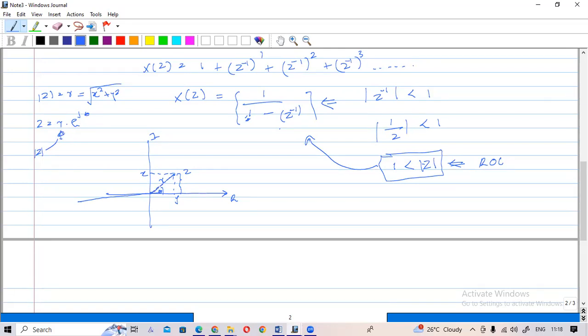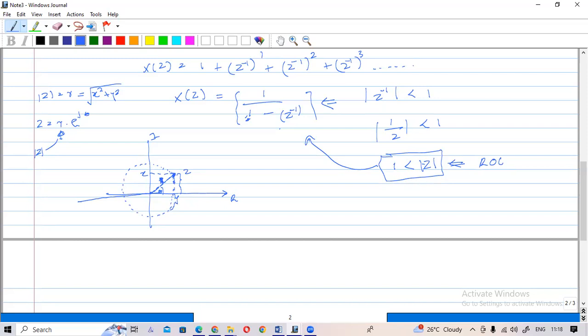Okay, if this magnitude is 1, so this is the z value whose magnitude is 1. So all the values on this circle, the circle of radius 1, have z magnitude 1.